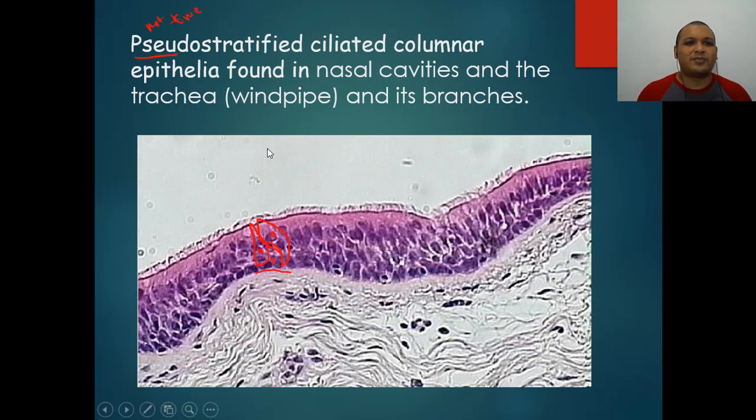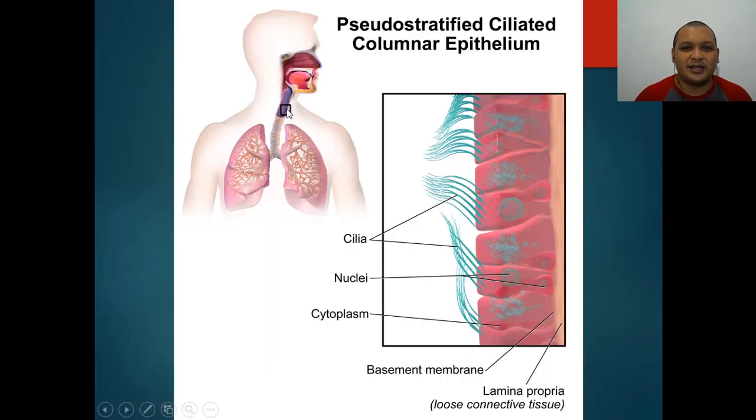And this type of tissue, we can find it in our windpipe, the trachea. Okay, this is the trachea. This one is a good example of what we call pseudostratified.